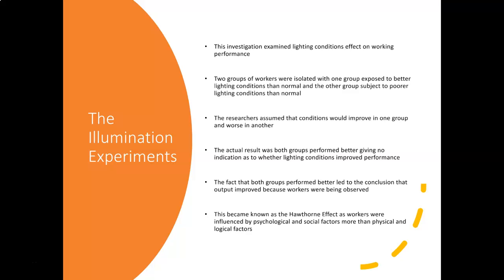The actual result was that both groups performed better, giving no indication that lighting conditions improved performance. The fact that both groups performed better led to the conclusion that output improved because workers were being observed. This became known as the Hawthorne effect, as workers were influenced by psychological and social factors more than physical and logical factors.